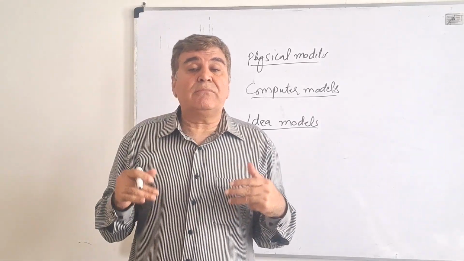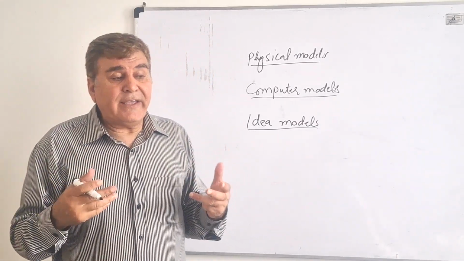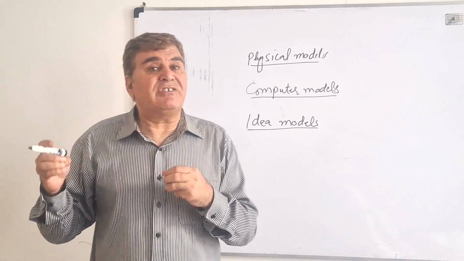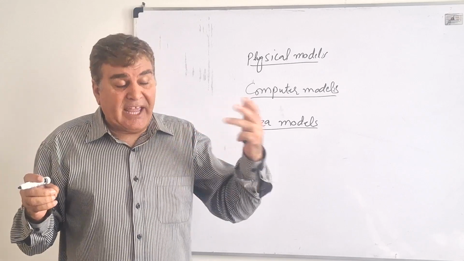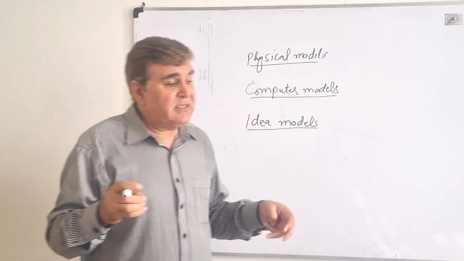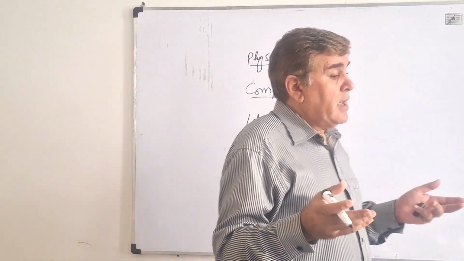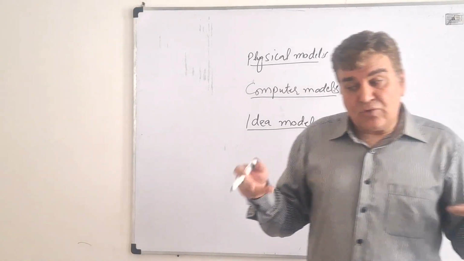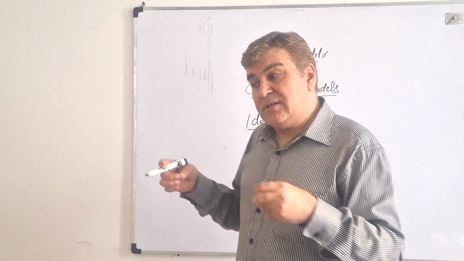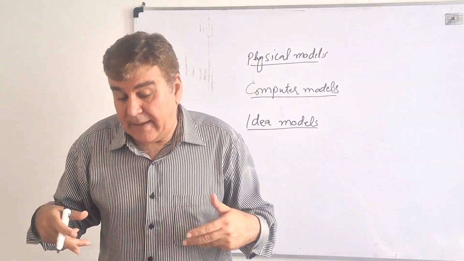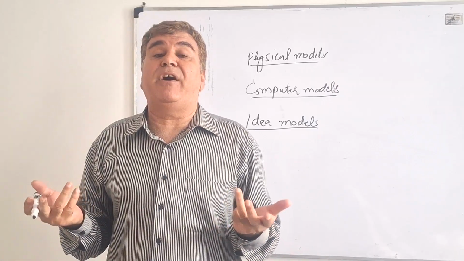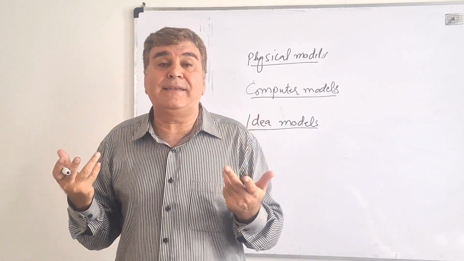For example, the Bohr model was devised to explain the different spectral series emitted from the hydrogen atom, the Paschen series, the Balmer series, the Lyman series, etc. So in this way, a model is constructed to explain certain existing experimental evidence, or the experimental evidence may not be there, but there could be an idea.